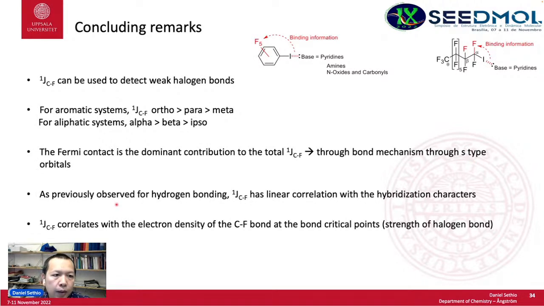And as previously also observed for hydrogen bonds, the scalar coupling constant has a linear correlation with the hybridization character of the halogen bond donor. And the scalar coupling constant correlates well with the electron density of the CF bond at the bond critical point, which indicates the strength of the halogen bond donor.